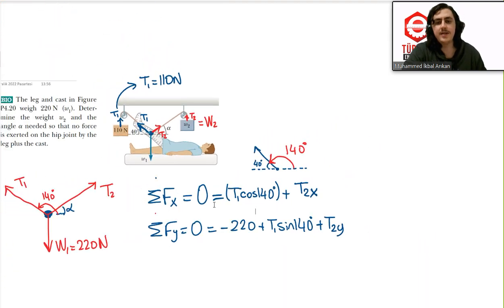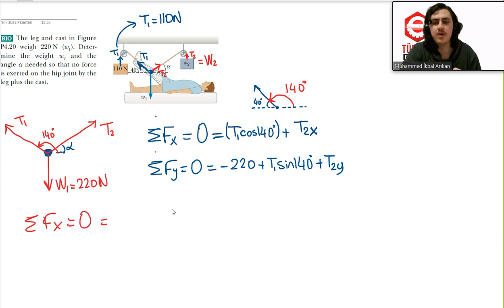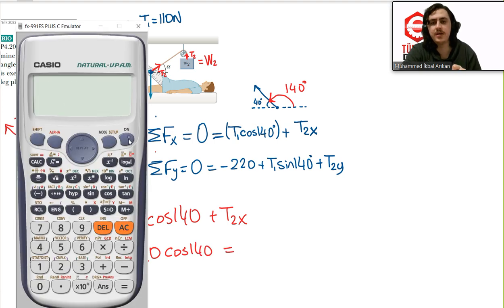So let's go back. So in Fx, the sum equals 0, so T1, which is just 110 cosine of this one, plus T2x. So you will see that T2x will be equal to minus 110 cosine of 140. So let's calculate the first force.